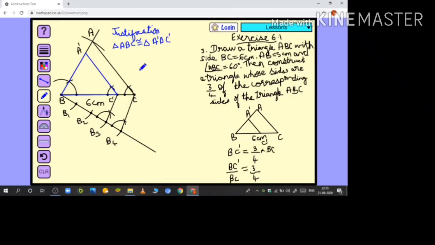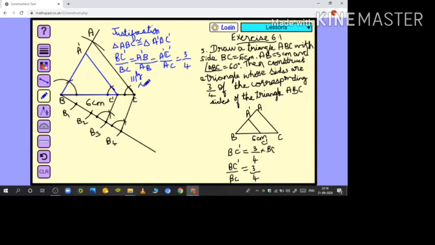According to the basic proportionality theorem, BC dash by BC is equal to A dash B divided by AB is equal to A dash C dash divided by AC. This is according to the basic proportionality theorem. So these are equal to 3 by 4.